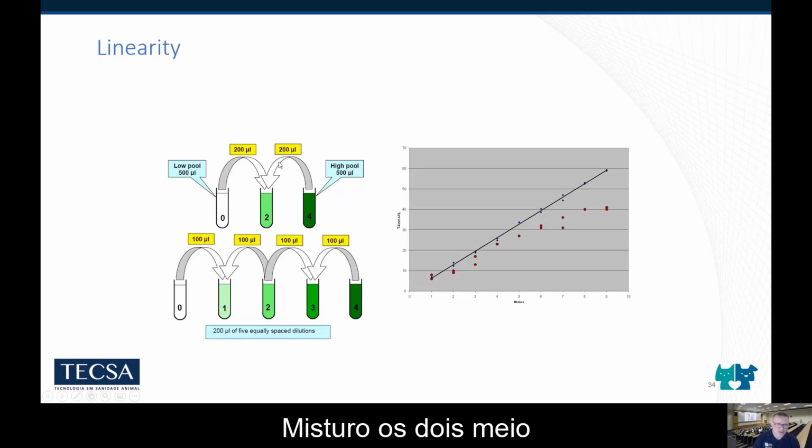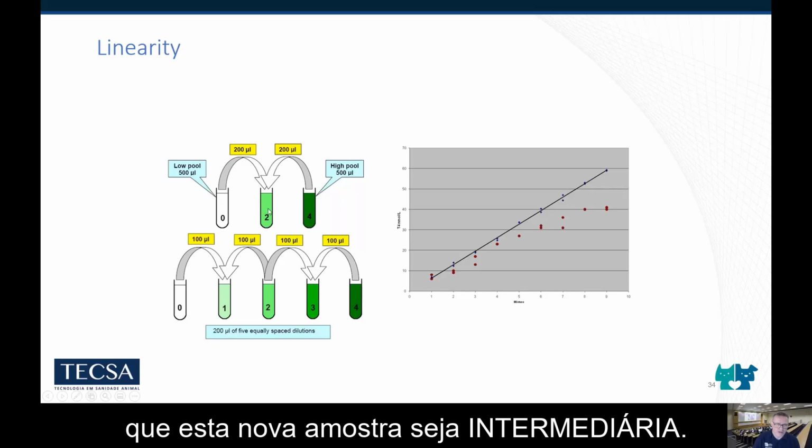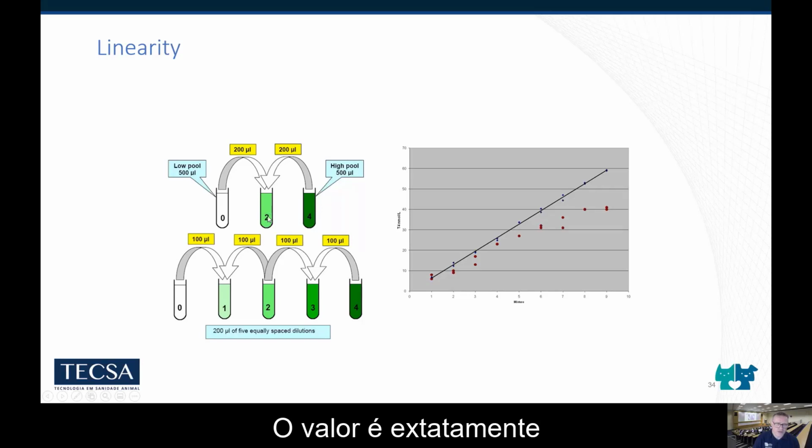We mix those 50-50. The sample in the middle that we create should have a value which is exactly halfway between these 2 starting concentrations. And we can mix those again to create some other midpoints.